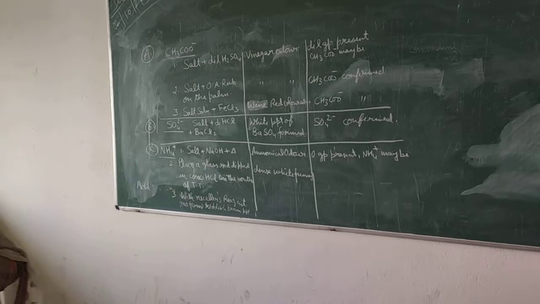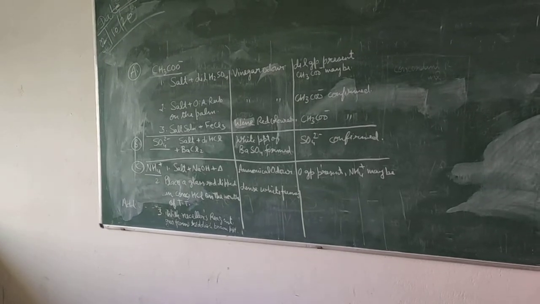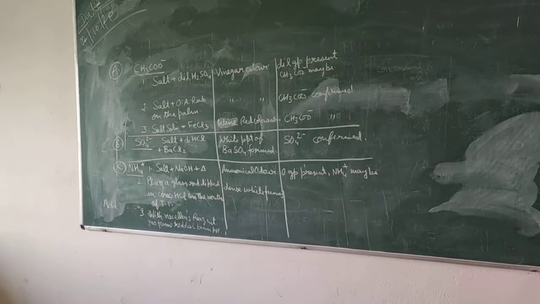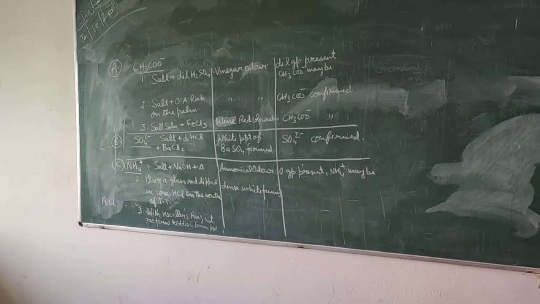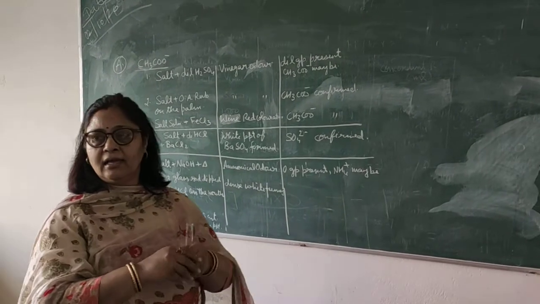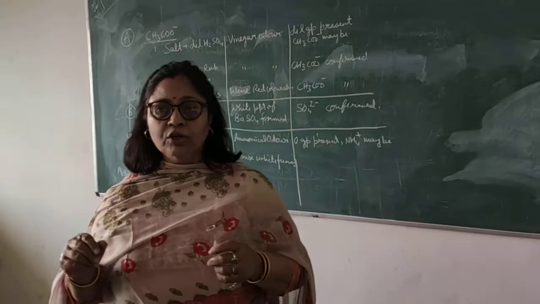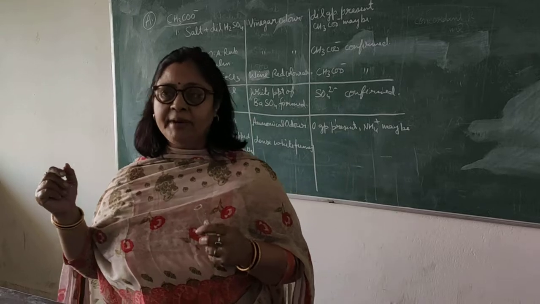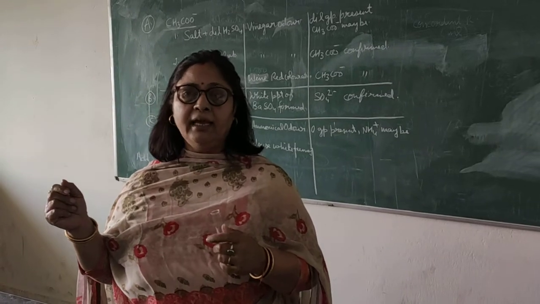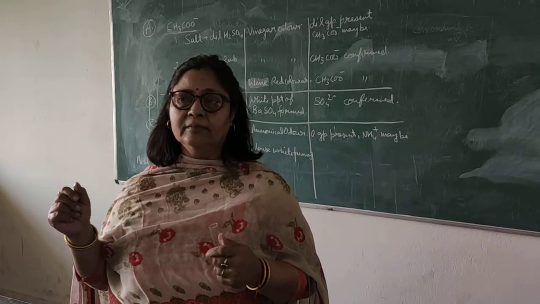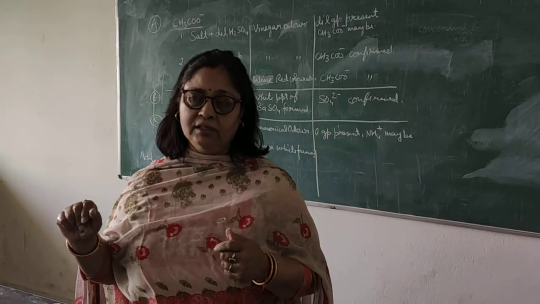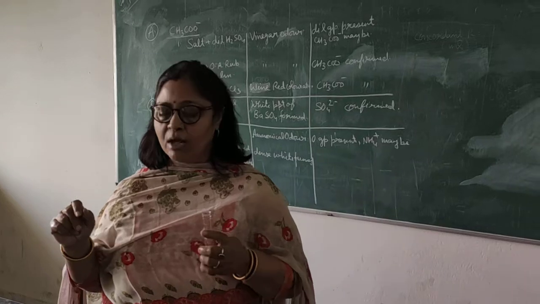So when we test this sulfate ion, you know that we have three different categories in anions. First is the dilute sulfuric acid group, in which 5 anions are present: carbonate, acetate, nitrite, sulfide and sulfite.